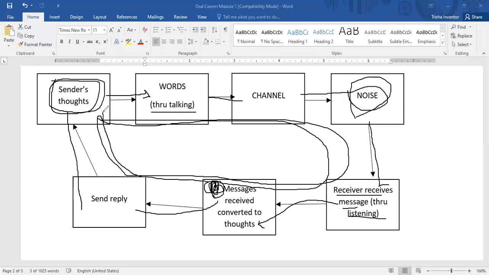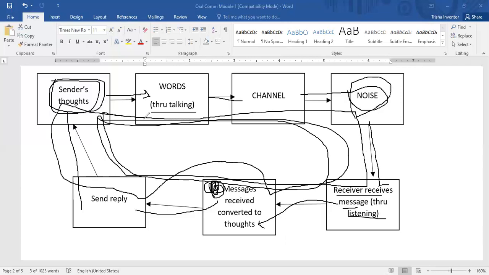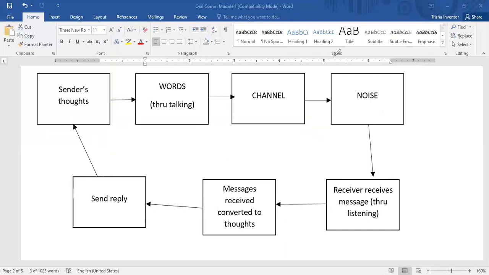Gikan sa brain ni sender, padulong sa baba, and then moagi sa channel, usahay naay noise, and then maabot na dayon kay receiver, gikan sa dalunggan, maadto sa brain, and then gikan sa brain adto sa mouth niya, and then ihatag na dayon niya ang reply sa sender, and then balik na po, balik-balik.